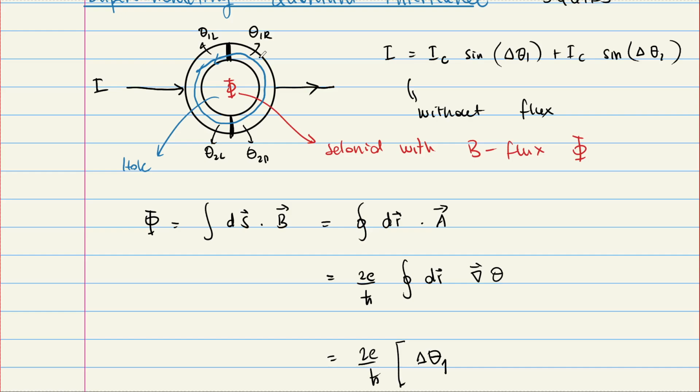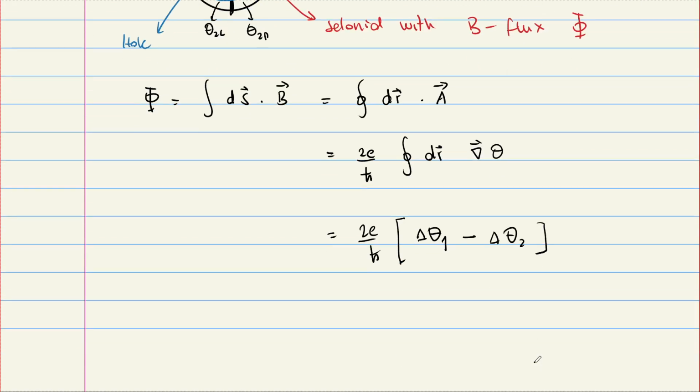I go like this in the upper branch, and like this in the lower branch. That's why there's going to be delta theta 2 in the lower branch. And for this 2e over h bar, I want to introduce the flux quantum. The superconducting flux quantum is h over 2e. Then I want to write this as 2 pi over phi naught times delta theta 1 minus delta theta 2.